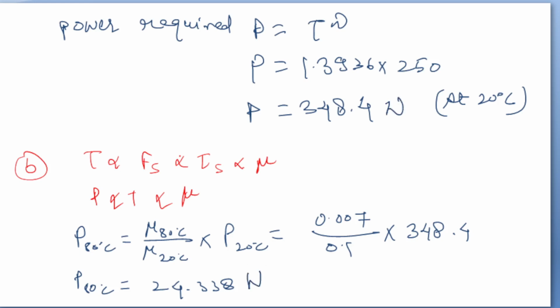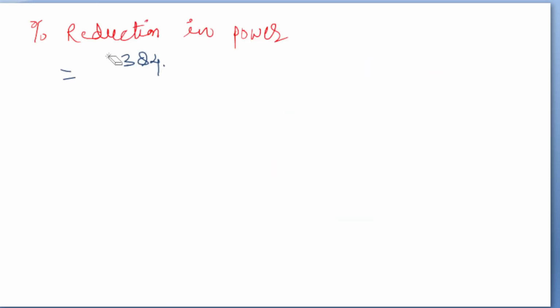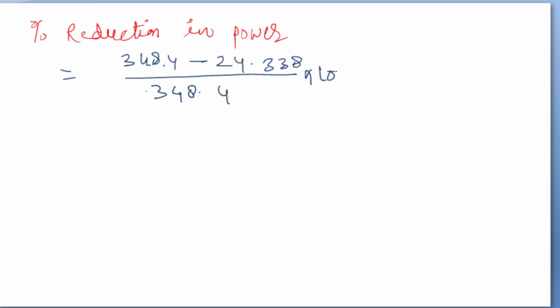Now the percentage reduction in power is 348.4 minus 24, which is 338, divided by 348.4 into 100.